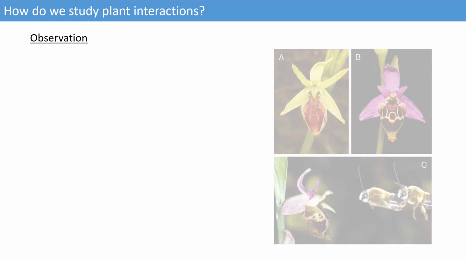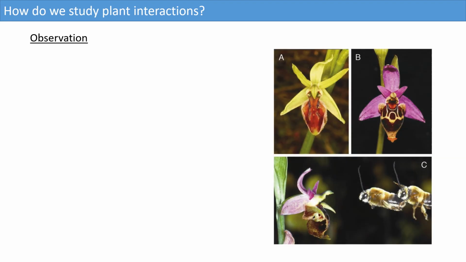Well, sometimes not much, because I did define interactions between plants and their pollinators as usually mutualistic, mutually beneficial to both parties. But then we have this type of interactions which are deceptive, where the plants are, for instance, mimicking the female of the species, as is the case with deceptive orchids, and the male insects come, visit the orchids, try to mate with them, thinking that they have found a receptive female.